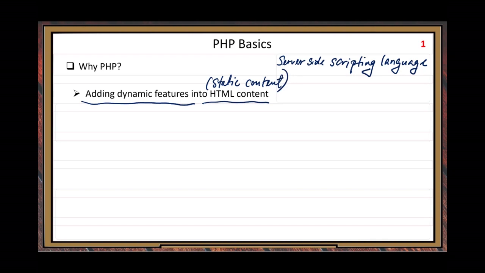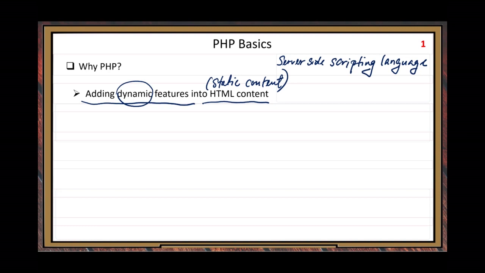But in order to make your web pages dynamic, what do we mean by dynamic? Based on the user's requests, we can change the content quickly. So we can provide better services based on the user's requests. So the dynamic content is more useful than static content.